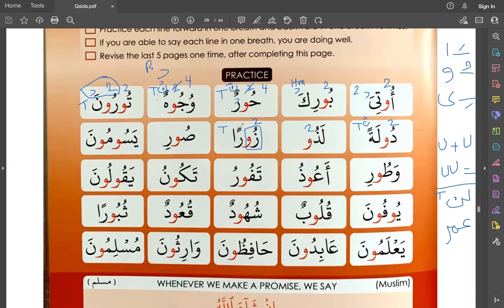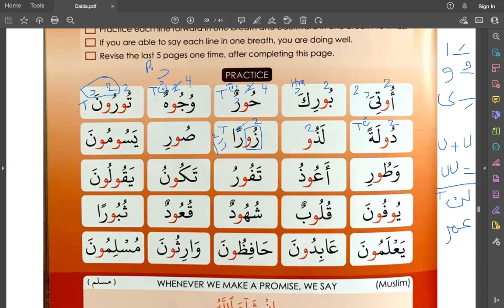Whenever you find fathatain, these two zabar, you will simply remove one. What is left is raw, two counts long. So you are exchanging the sound of tanween into a two counts long vowel.